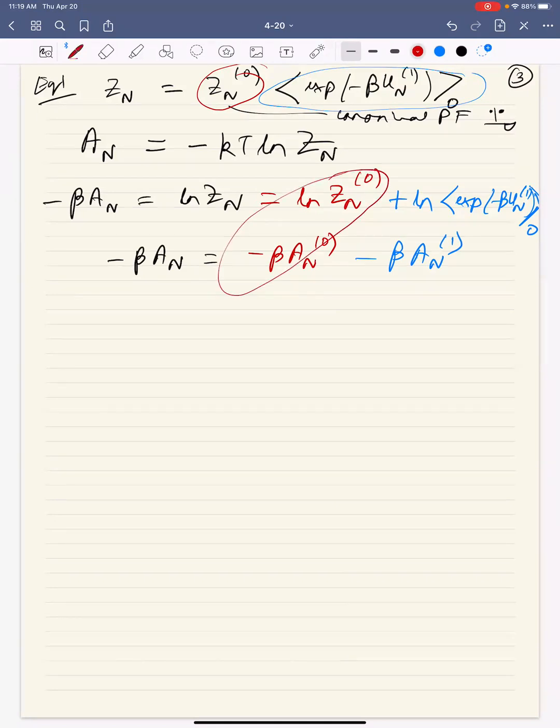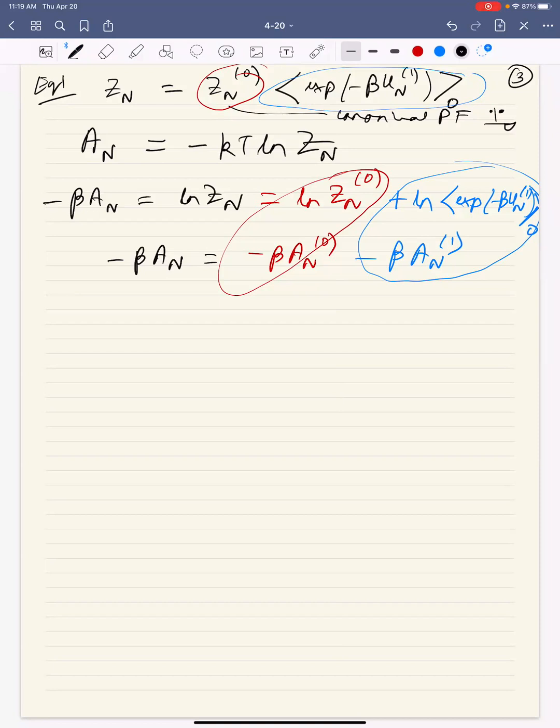Okay, so what we want to focus on is calculating minus beta AN1. Minus beta AN0 is some reference potential, which we are not worried about calculating. If you pick your reference potential poorly, then that's not going to help you. So the hope is you pick your reference potential well.